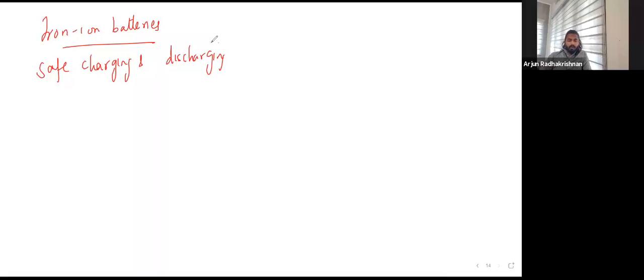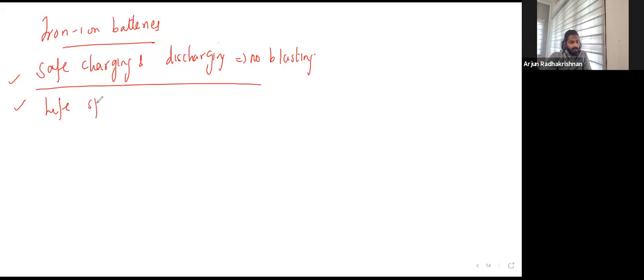The possibility is more when we charge it. You might have heard about mobile batteries blasting many times when getting charged. That problem is not there for ion batteries. They have safe charging and discharging, no blasting.